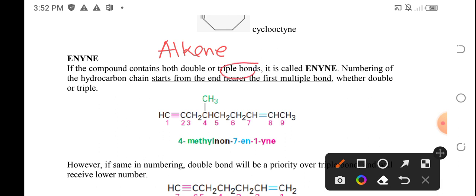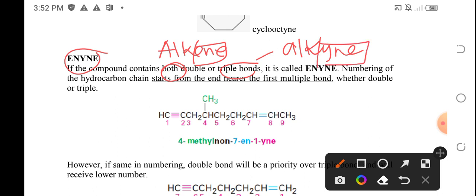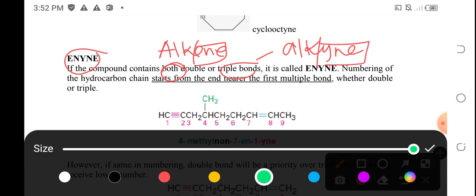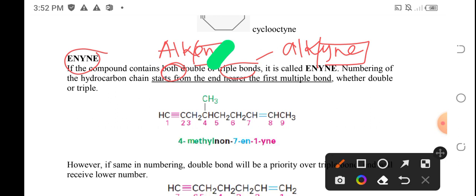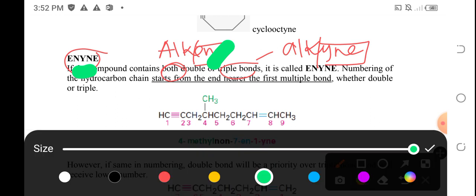And those with triple bond is alkyne. Okay. Kapag merong both, ang tawag natin ay enyne. Kasi nga, the suffix ene and the suffix yne, okay, pinagsama niyan, incorporate, tas tinanggal yung e. Okay, so kaya naging enyne.